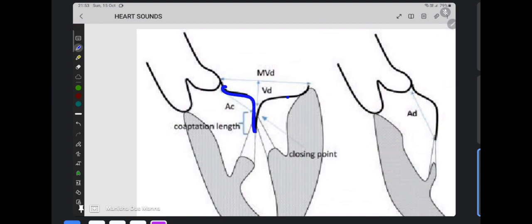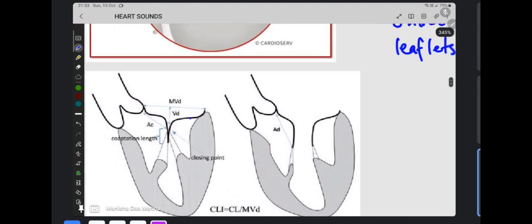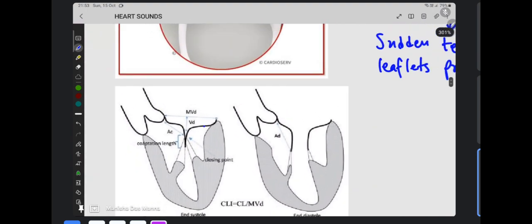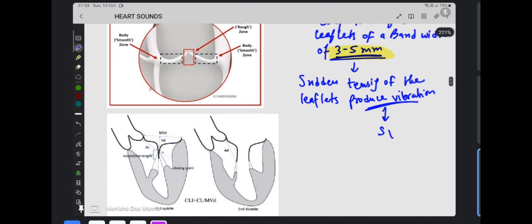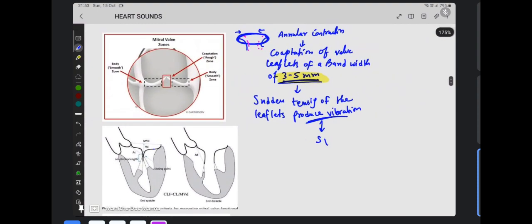Look at this, the coaptation of the leaflets of the mitral valve. The mitral valve is open now, and then the two leaflets are coapted. This is how the first heart sound is produced.